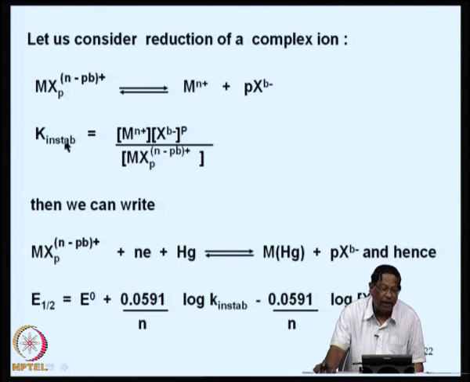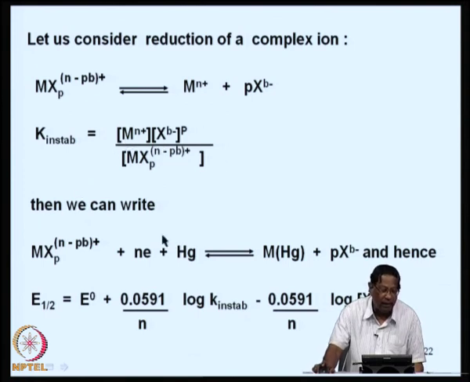For this I can write an instability constant. K instability is equal to the products on the right hand side divided by the left hand side, that is [Mn plus] into [Xb minus] raised to p divided by [MXp (n minus pb) plus]. This is a very simple expression that all chemistry students would know.